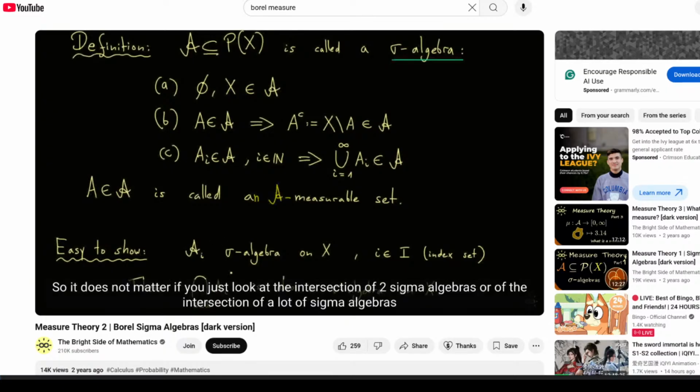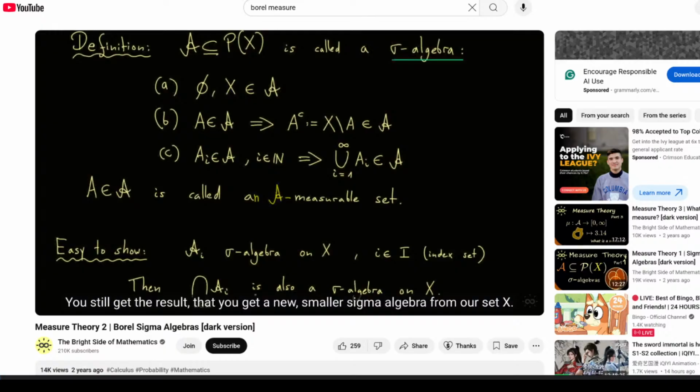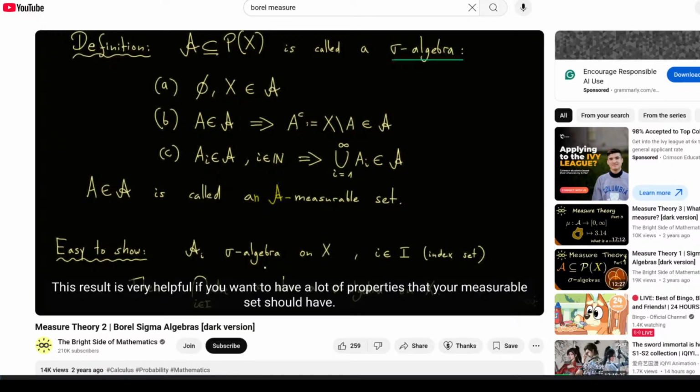So it does not matter if you just look at the intersection of 2 sigma algebras or of a lot of sigma algebras, you still get a new, smaller sigma algebra on our set X. This result is very helpful if you want to have a lot of properties that your measurable sets should have.